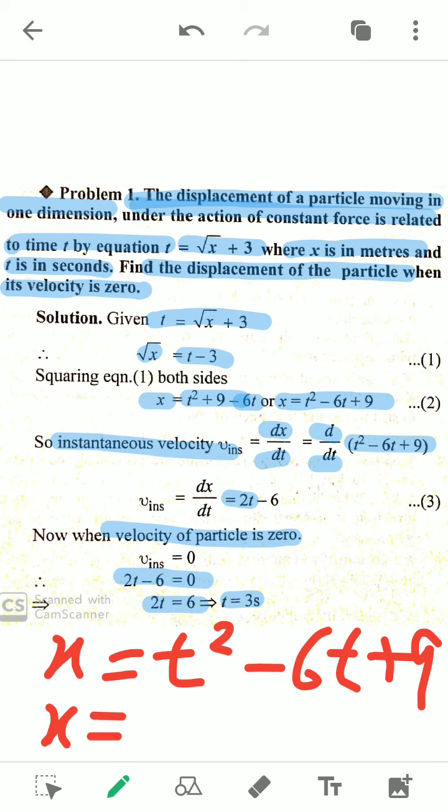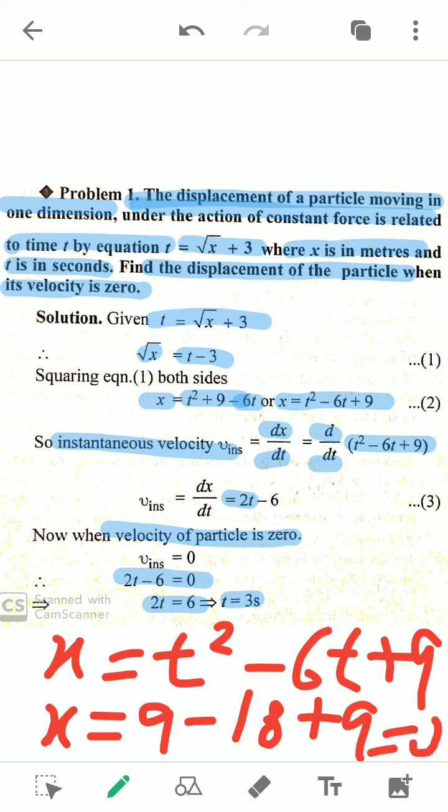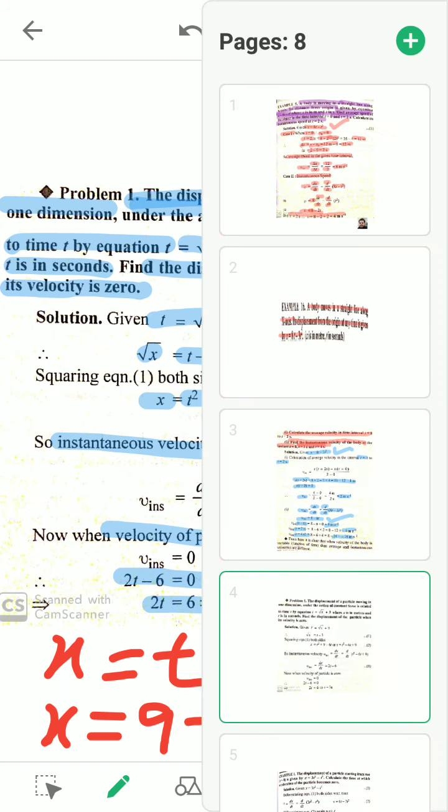So 3 square is 9, minus 6 into 3 is 18, plus 9. So 9 and 9 is 18, 18 minus 18 cancels, that will be equal to 0. So at displacement 0, velocity is also 0. Next question.